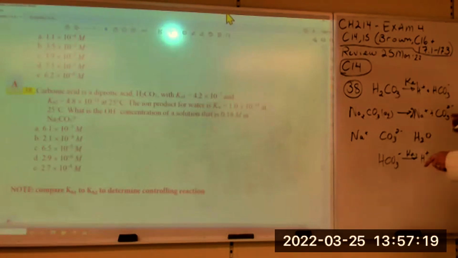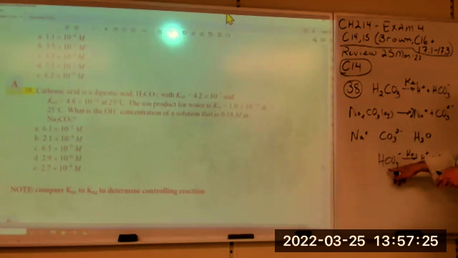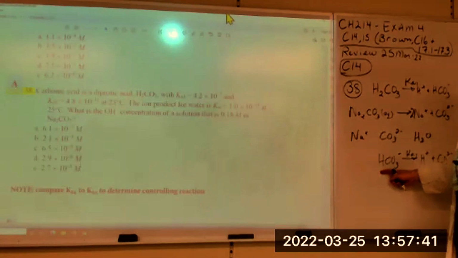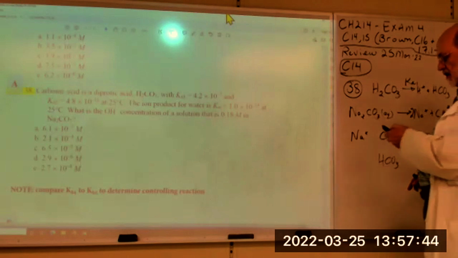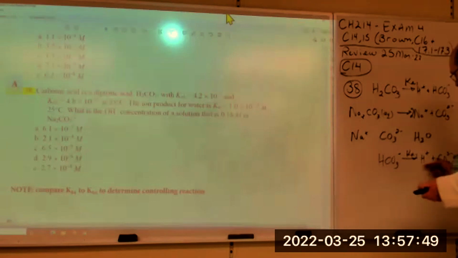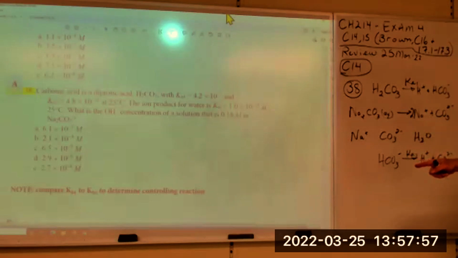So we're actually starting with this one, which means based upon the Ks, this is the stronger base. What it's going to do is latch on to a proton from water and go back this way, because it's such a small value. And when it latches onto that proton from water, it's going to leave behind a hydroxyl.